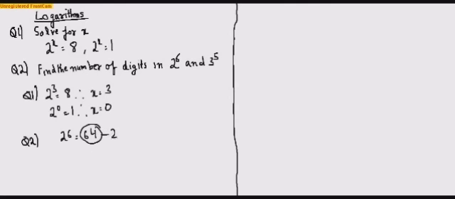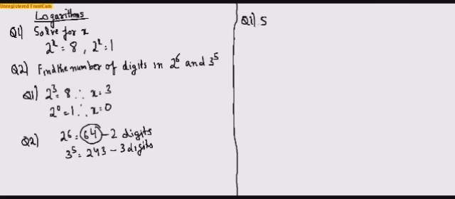Which is 2. 3 raised to the power 5 will give me 243, which will give 3 digits. So, isn't it fairly simple to solve the questions which I have written initially? Yes, it is. But now, let's try to solve few other questions.